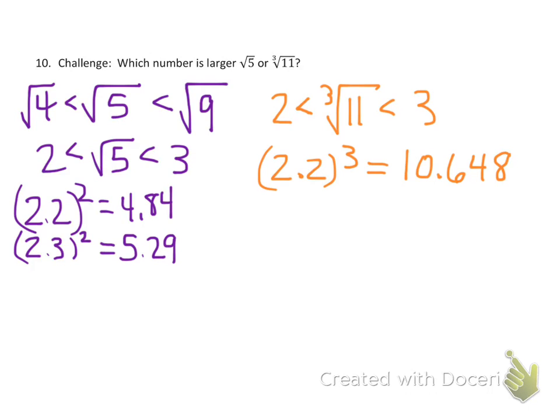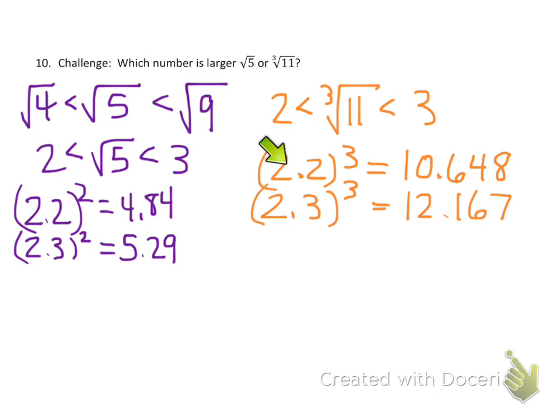Okay, so that's 2.2 cubed. 2.2 is a little too small, so I'm pretty sure 2.3 is going to be too big, right? So let's try it. 2.3 squared is 5.29, and then times 2.3 again, and now I'm getting 12.167. Okay, so now what we've shown is that the cube root of 11 is in between, because 11 is between 10 and 12.